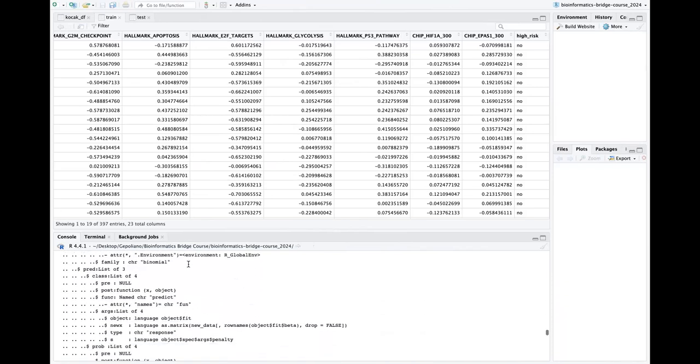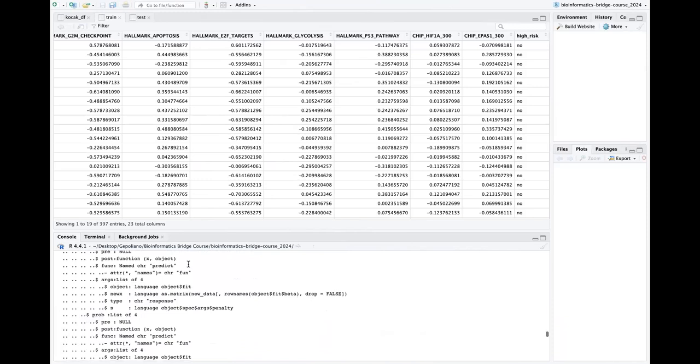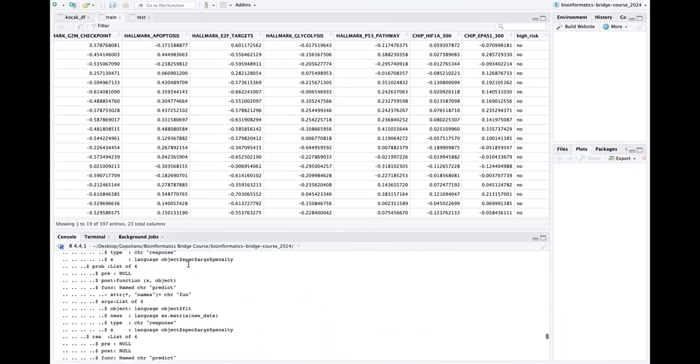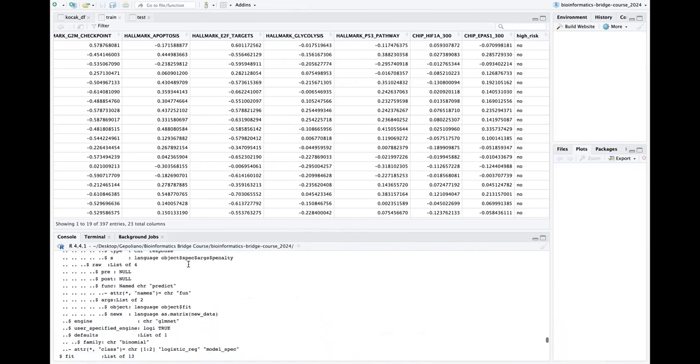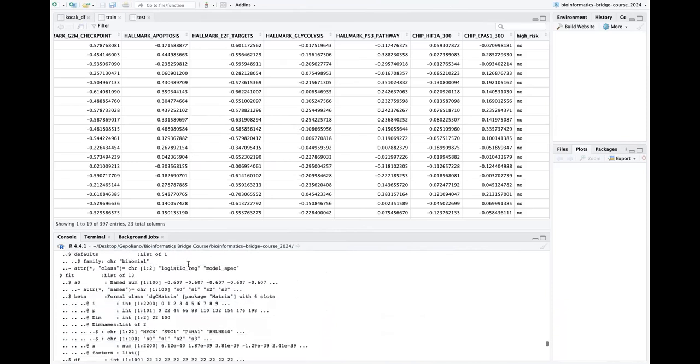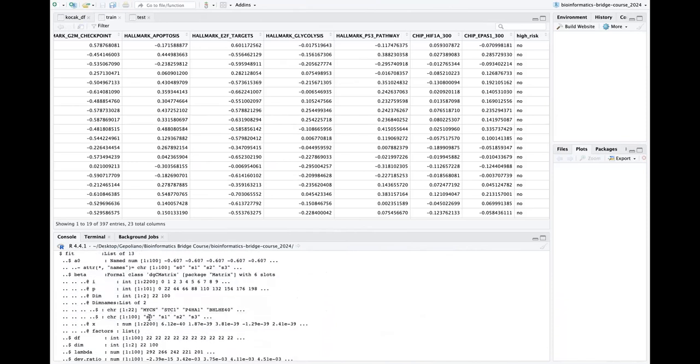There's not a lot here that makes a lot of sense to me. I can see here in this line that we have some of the gene expressions of the 22 features.